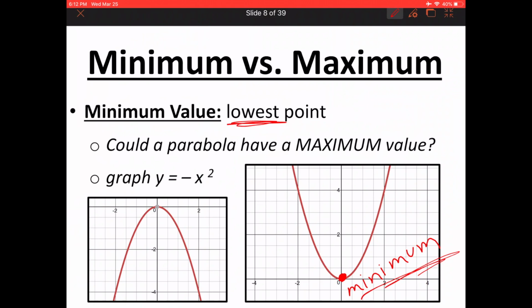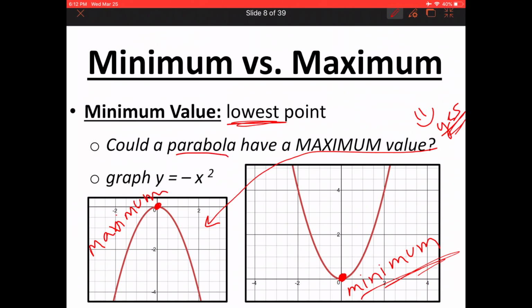Now, could a parabola have a maximum? Of course, our answer is yes, it could. Notice over here, my vertex is still at (0, 0), but it is now the highest point of the parabola. So this would be an example of a vertex being a maximum.